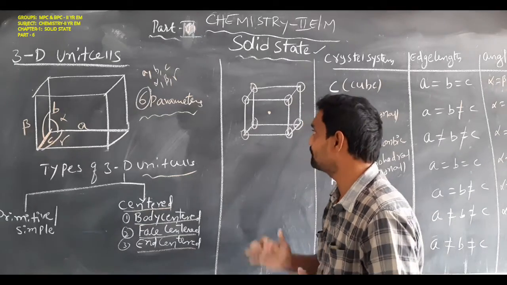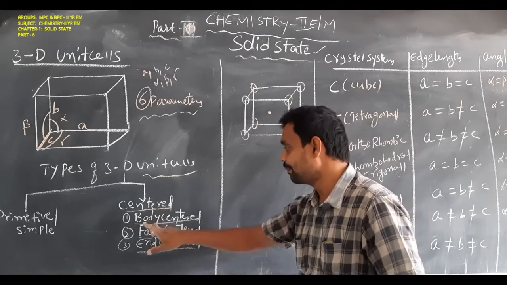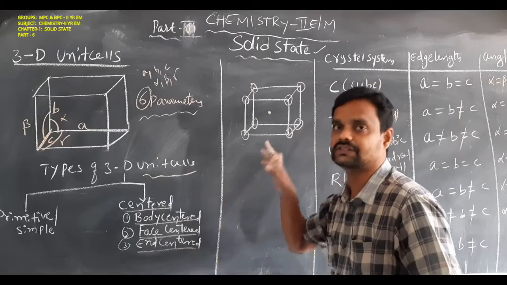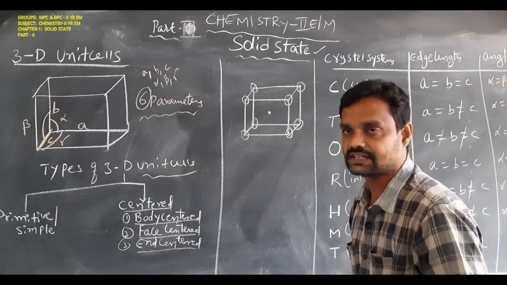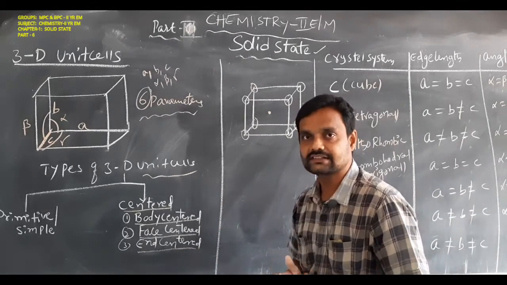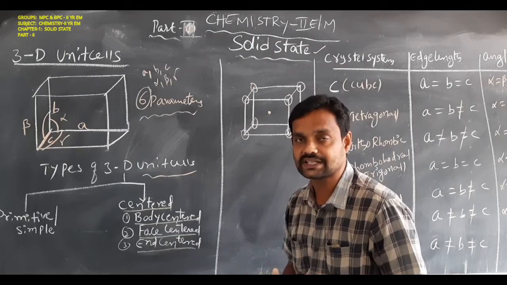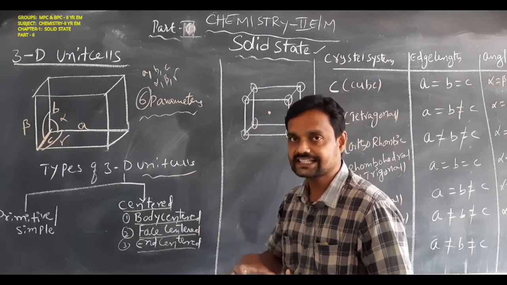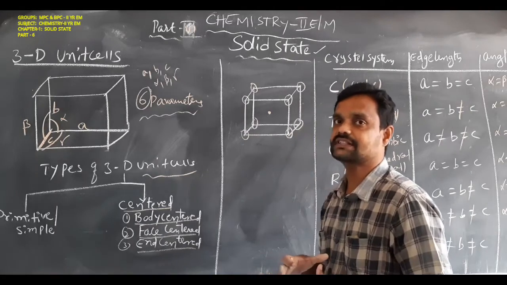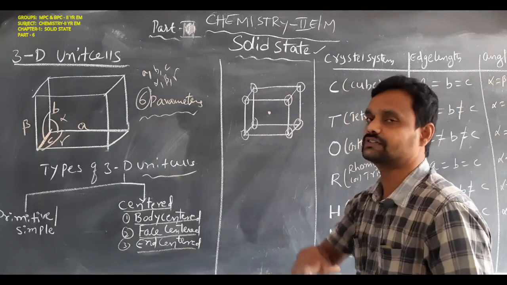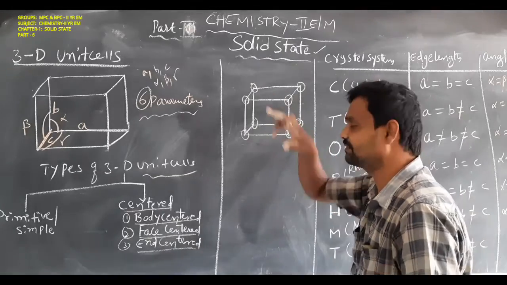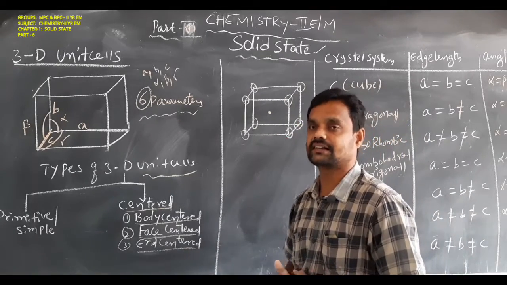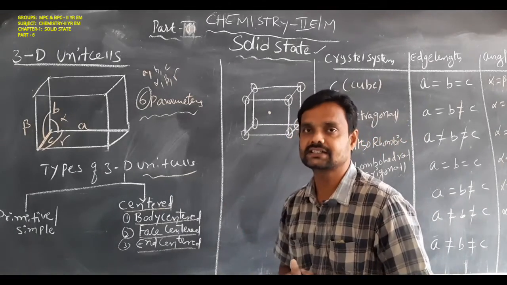Then that type of unit cell is called a body centered unit cell. Clear, students? Body centered unit cell means atoms are present at the 8 corners, plus one atom is also present at the body center of the unit cell. Hence that is called a body centered unit cell.